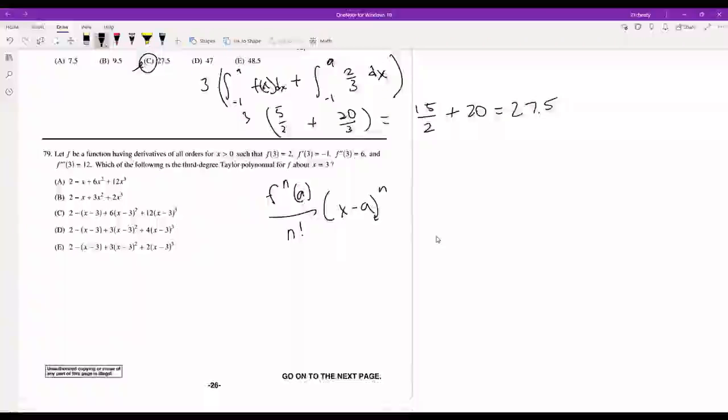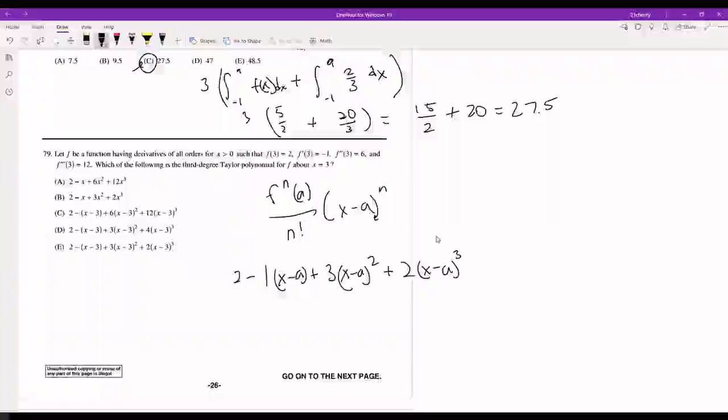So in the first two cases, it's just 2. Then minus 1 over 1, which is 1, x minus a to the first power, plus 6 over 2 factorial, or 6 over 2, or 3, x minus a squared, plus 12 over 3 factorial, or 12 over 6, or 2, x minus a cubed.